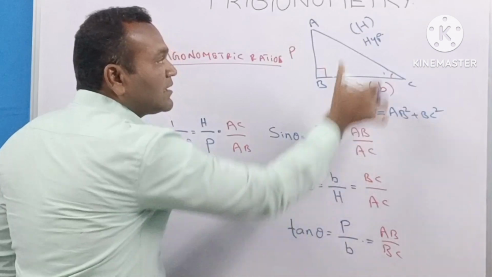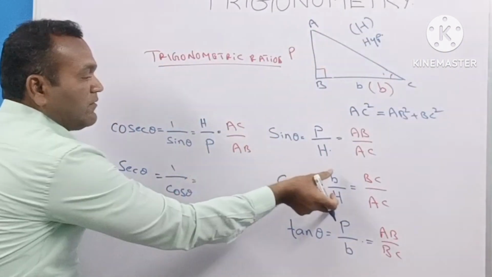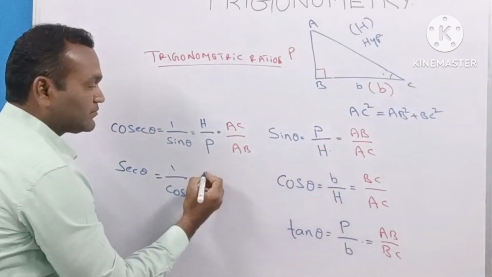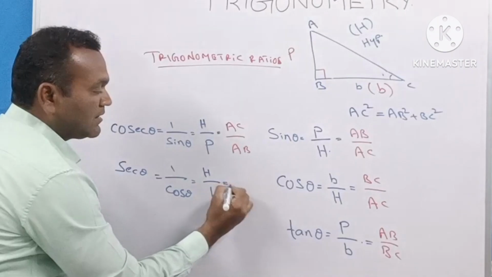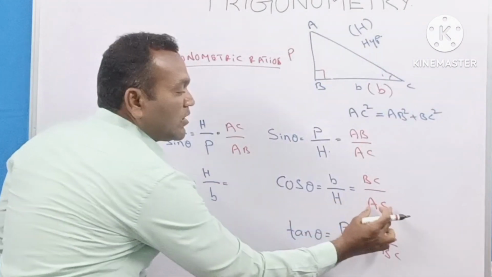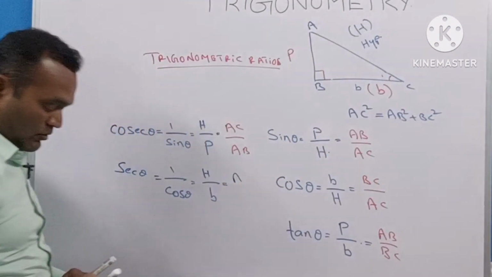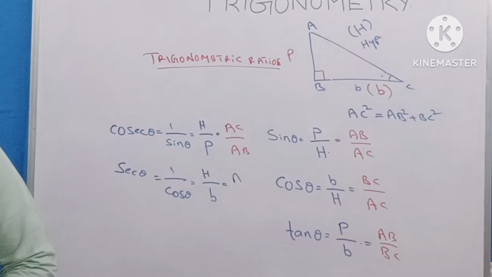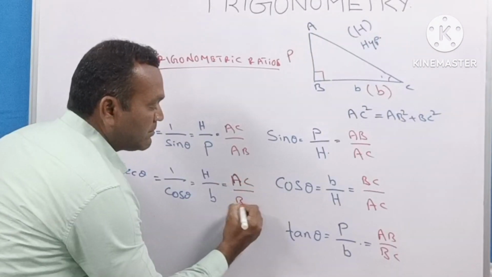H means hypotenuse. Okay guys, so I will write in reverse direction. Opposite, H by B. Here this is BC by AC, so it will be AC by BC.